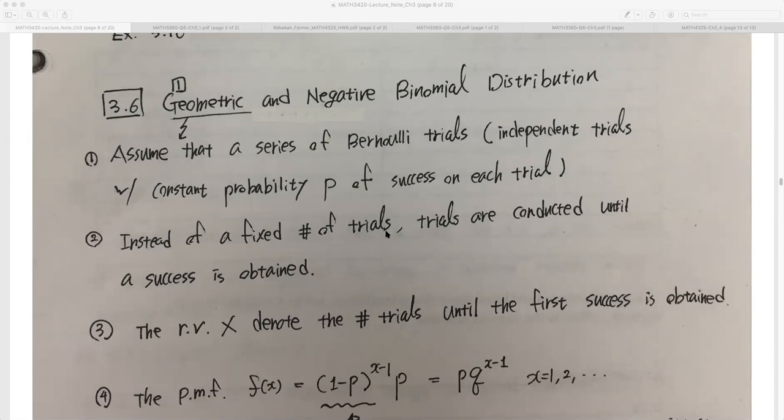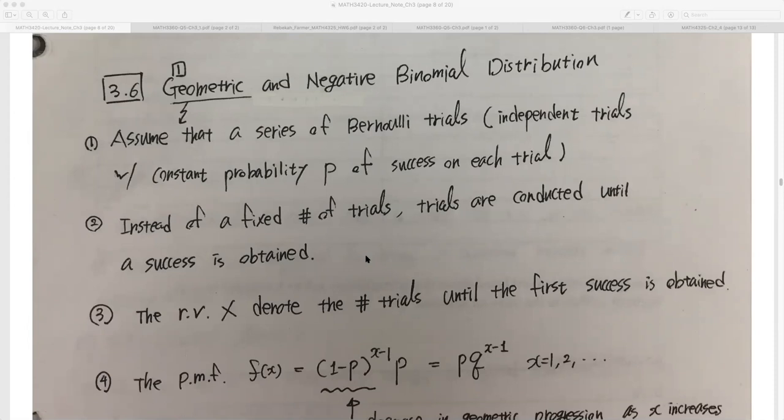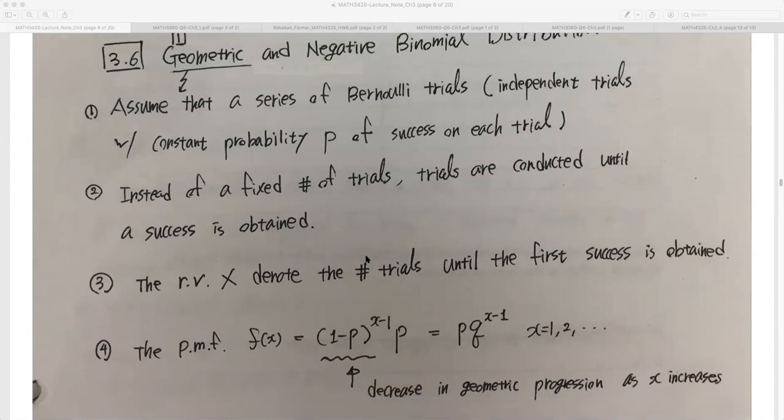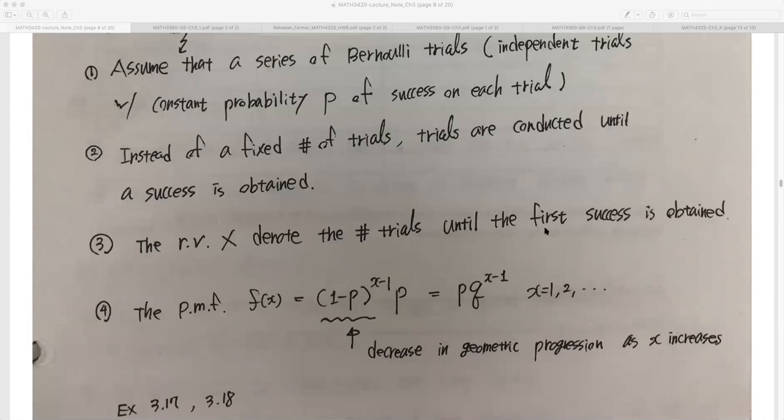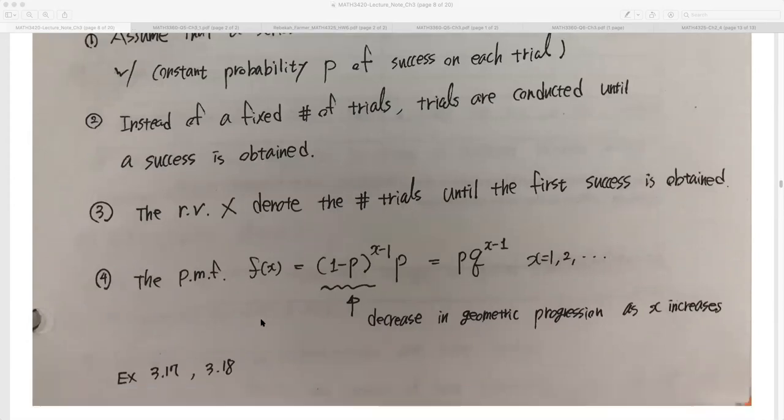So we deal with Bernoulli trials, which is the same as the binary distribution. Random variable x denotes the number of trials until the first success is obtained. Then the PMF is going to be (1 minus p) to the x minus 1 times p. Why is the PMF like this? Because since the random variable x denotes the number of trials until the first success is obtained, we assume that we got only one success.